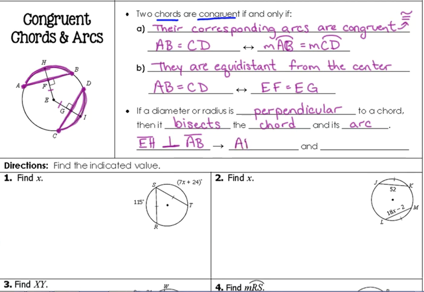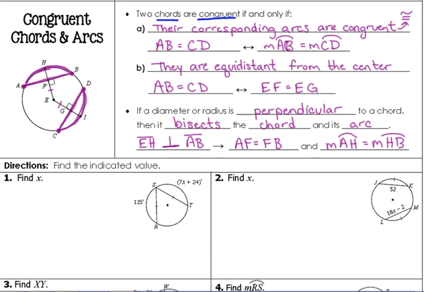Then AF is equal to FB, and the measure of arc AH is equal to the measure of HB.